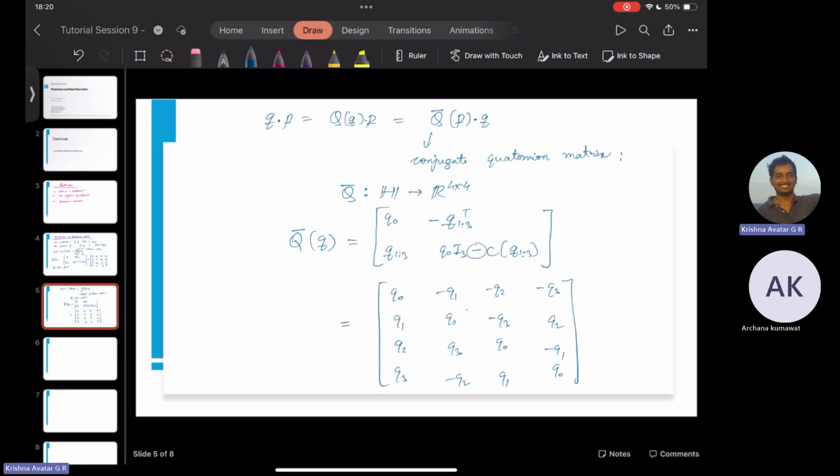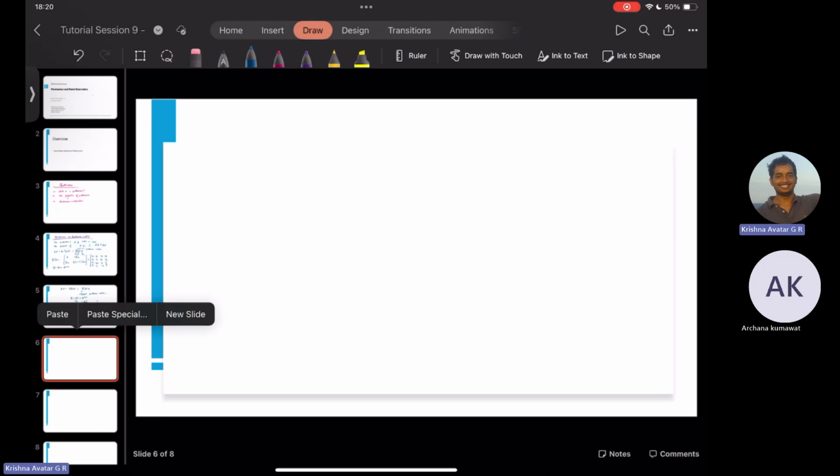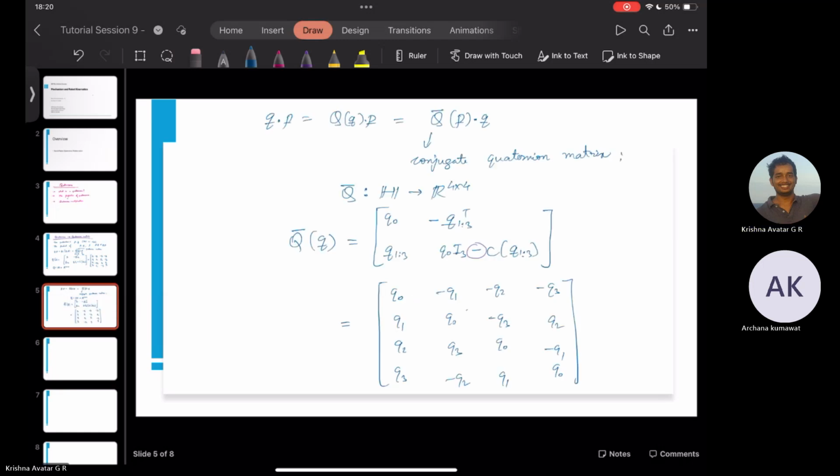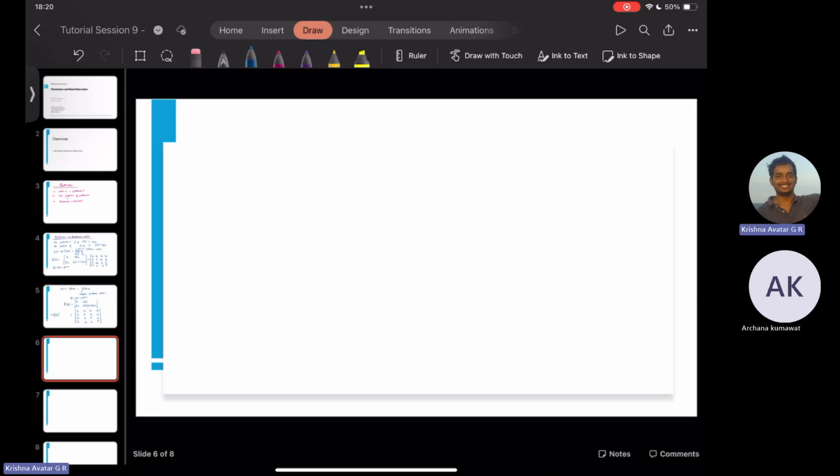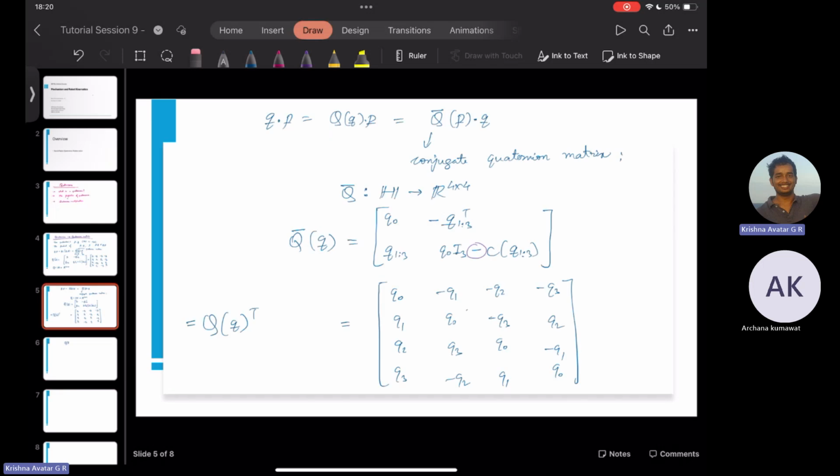Now there are certain properties from here that we can deduce. So this is equal to Q of Q vector transpose. So there are certain properties. I think there was some mistake here.